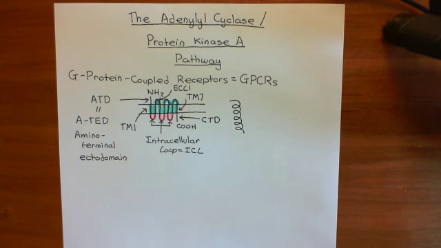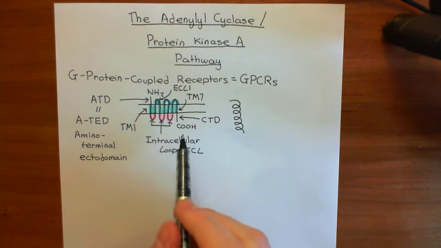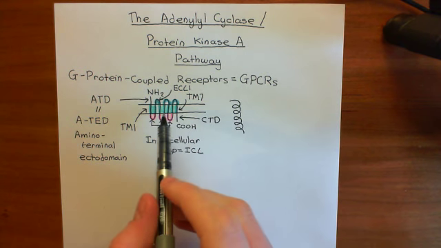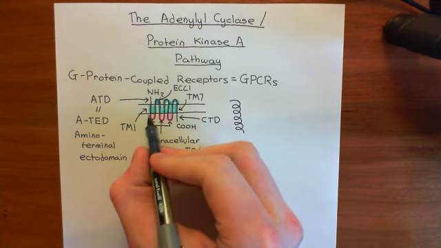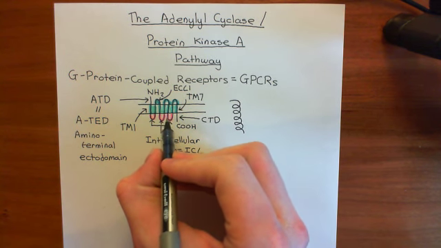As I say, there are a huge plethora of different G-protein coupled receptors just in humans alone. They will all have their own different ligands, and when those ligands bind to the G-protein coupled receptor, it will trigger a conformational change that will be conveyed down to these 3 intracellular loops.